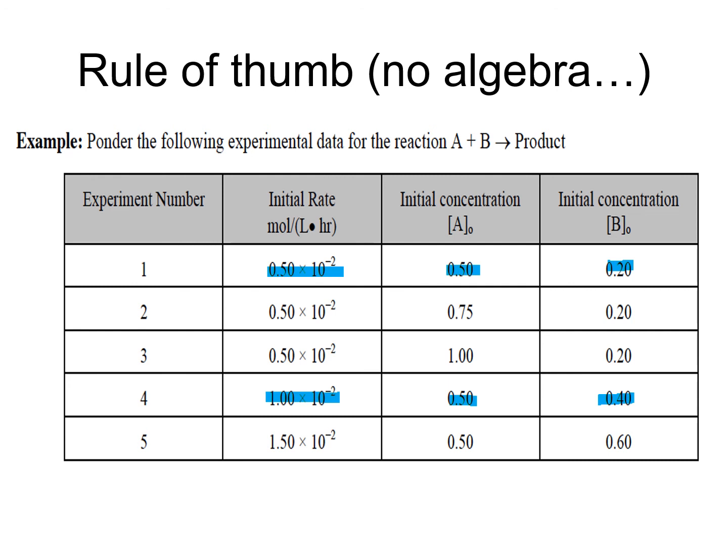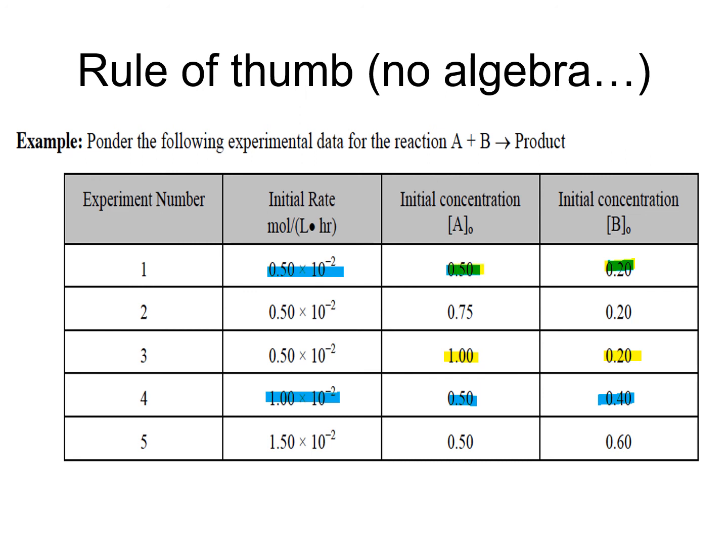If we look at a situation where B is constant, for example, 1 and 3, B is the same, but A is doubling.